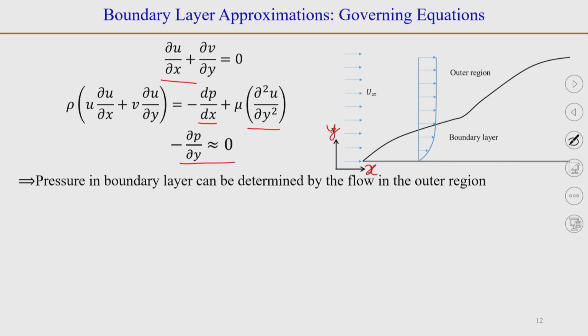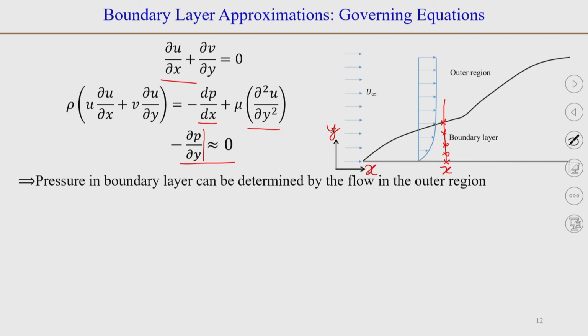Now, we see here that ∂p/∂y is equal to 0. That means that if we take a cross section at any section in the boundary layer, the pressure along y is constant, the same at each point.